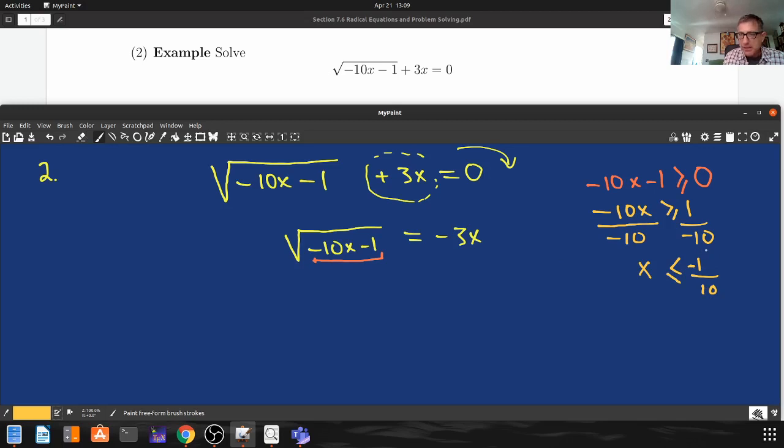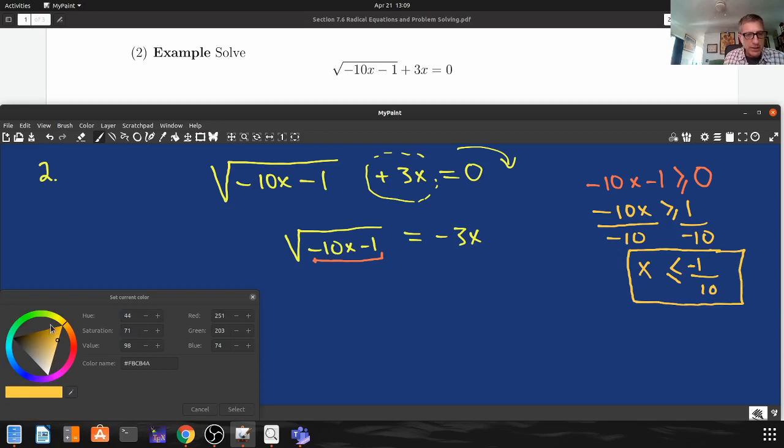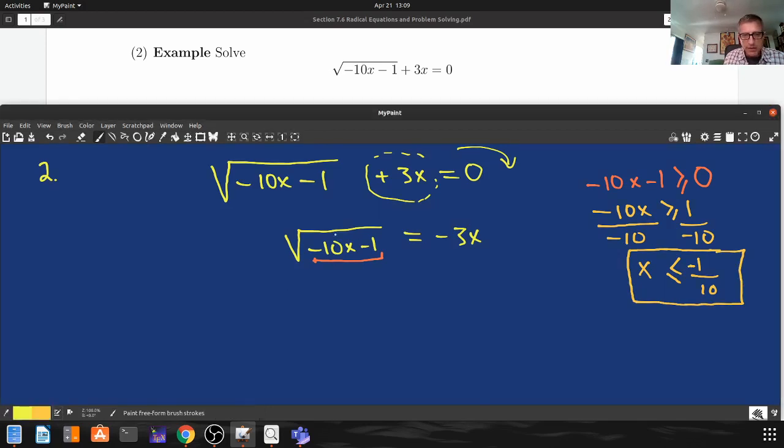So if we do not find an x that is less than or equal to minus 1/10, I can immediately reject it. So let's continue on solving this equation. So I'm going to square both sides. It's all under the radical.